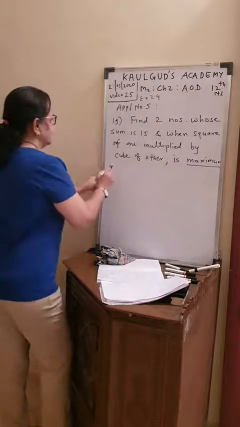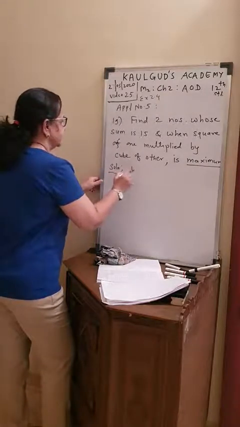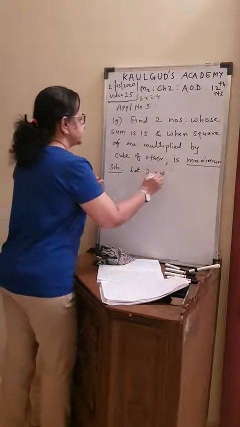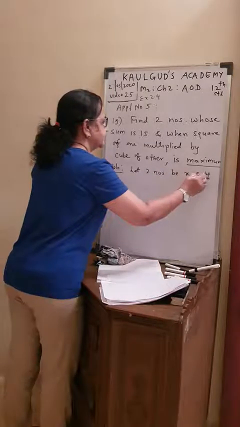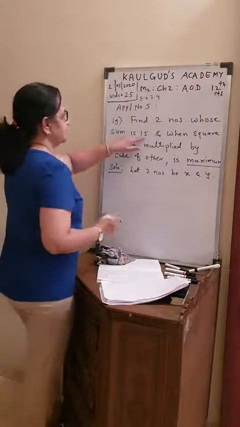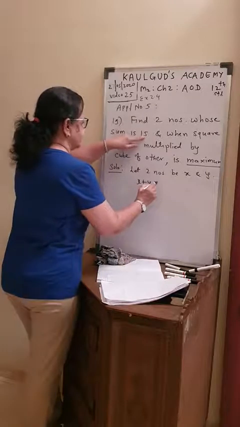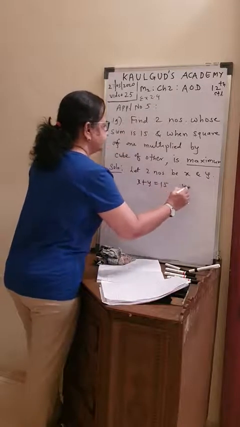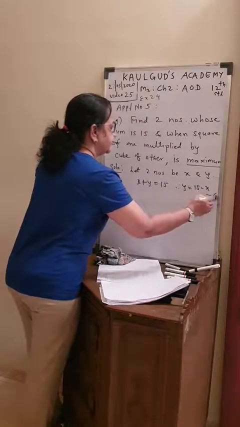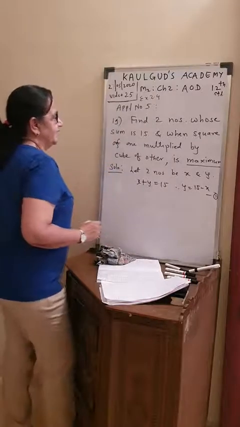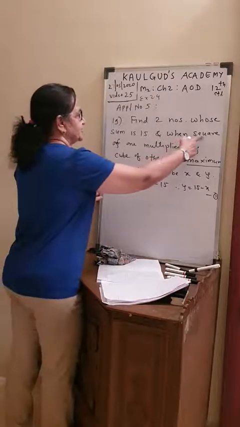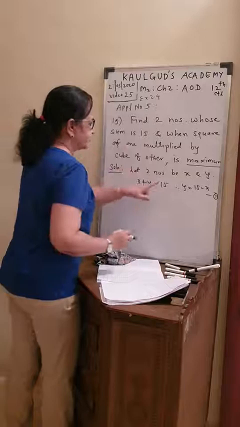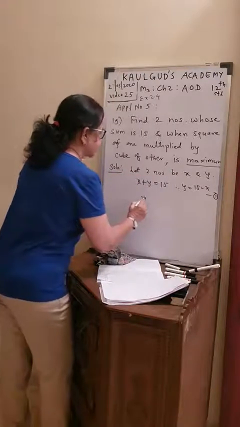Okay, now let the numbers be x and y. So let the two numbers be x and y. Their sum is 15. So x plus y should be 15, or y should be 15 minus x, number 1. Now I want the square of one. So suppose I take the square of x, x square.